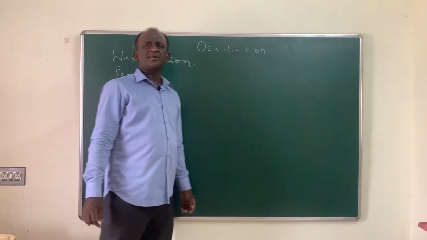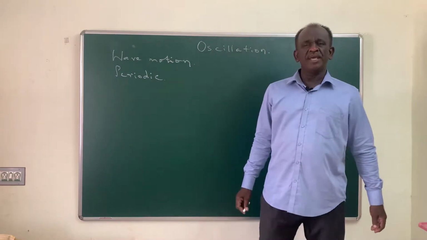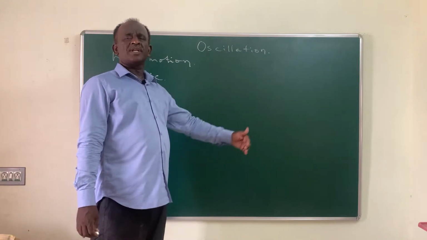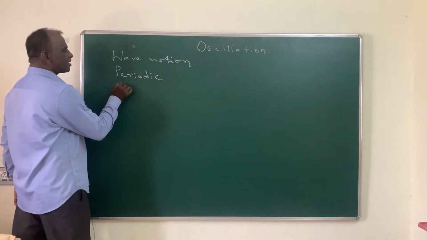A type of periodic motion which happens around a mean position, that is, the motion to and fro about a mean position, is what is called oscillatory motion.